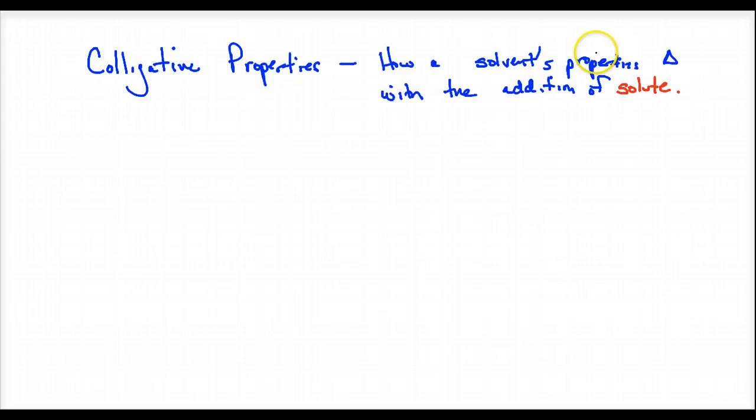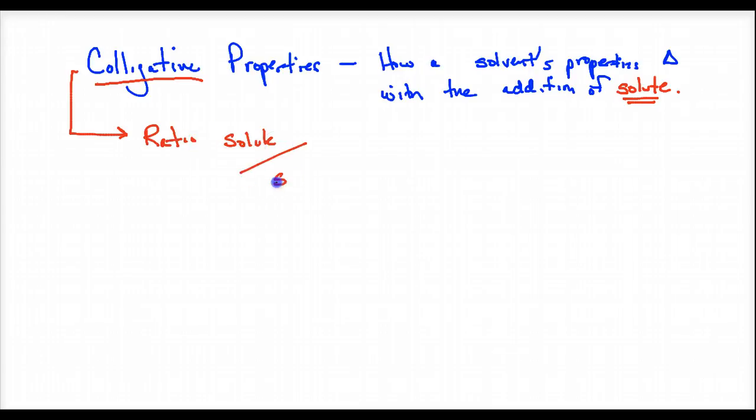As we add more and more solute particles to a solution and the concentration increases, we notice that the solution takes on a whole set of new properties that the pure solvent doesn't have. What's important to understand is that a colligative property is really about the ratio of solute to solvent molecules or particles.